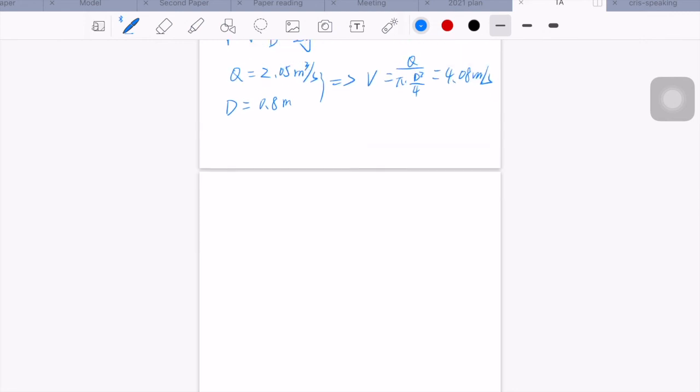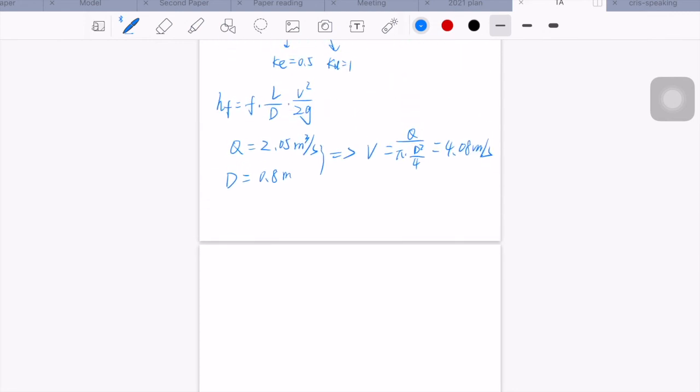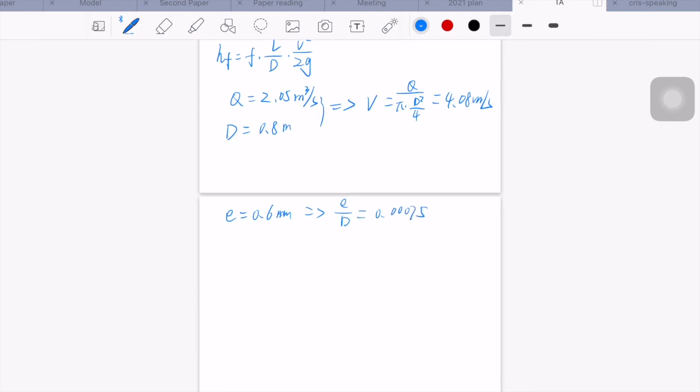And since the pipe material is rough concrete, we know the e equals 0.6 millimeter. So we can get that relative roughness equals 0.00075.